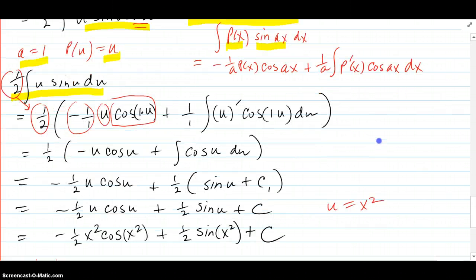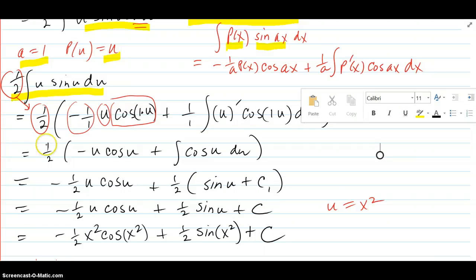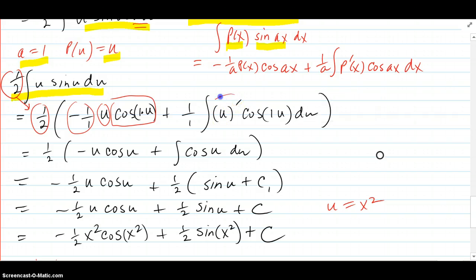Okay, so now I simplify down, and I have my 1/2 negative u cosine u plus integral of the derivative of u, which is 1, cosine u. And when I come down to this step, first I did the integral, and that was sine u plus a constant.